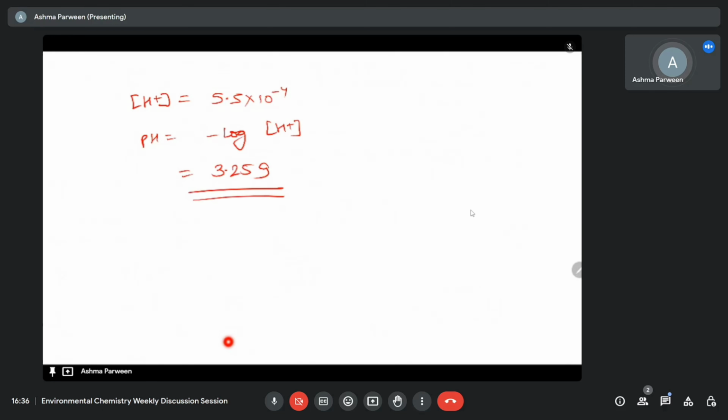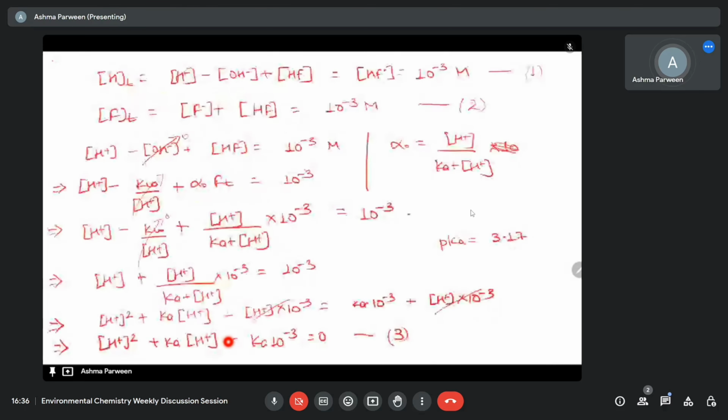So here we can see that we are getting a pH of around 3.2, and the assumption that the concentration of OH minus is very small is true, because if the concentration of H plus is around 10 raised to minus 4, the concentration of OH minus will be 10 raised to minus 14 plus 4. It will be around 10 raised to minus 10, which is a very small quantity. So we can neglect OH minus here.